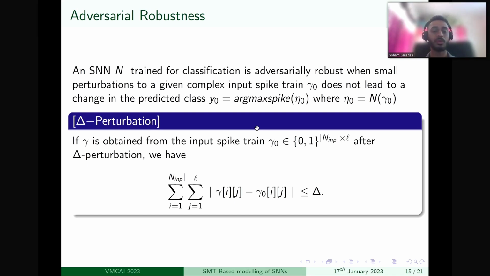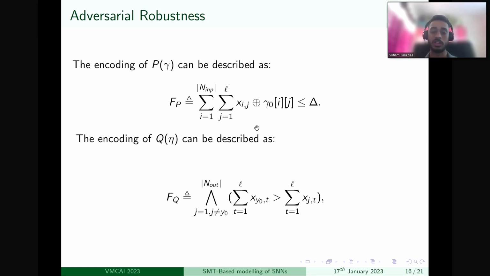Now, how we do this in the context of verification is as follows. We encode the input property P on gamma as follows, where we take the XOR for the entire spike train with the corresponding gamma naught, where a difference in input would yield a 1 and similar inputs would yield 0.